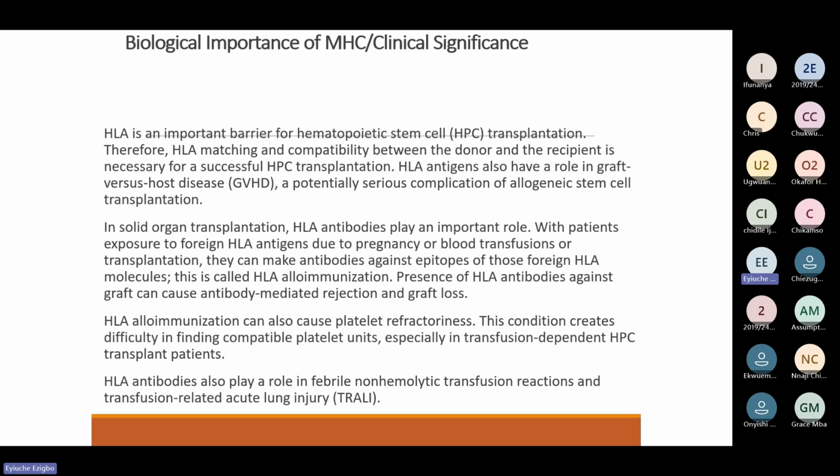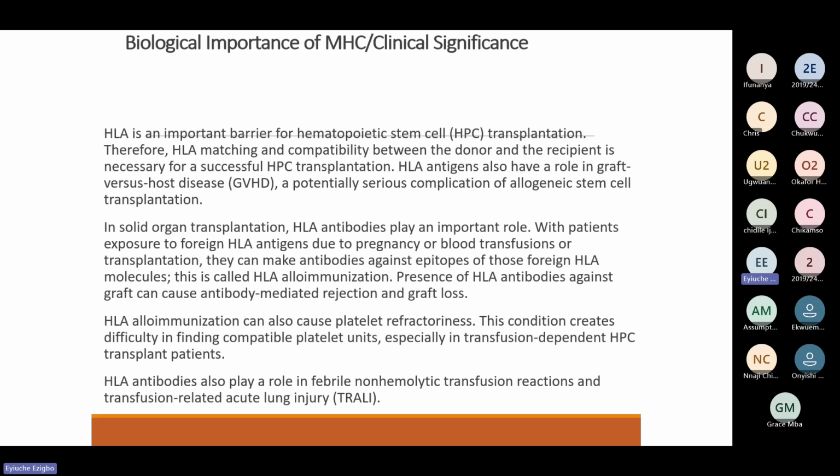transplantation. So, in essence, we are saying that the HLA complex plays a very significant role in hematopoietic cell transplants, because there must be compatibility in matching of the HLA system of the donor and that of the recipient.